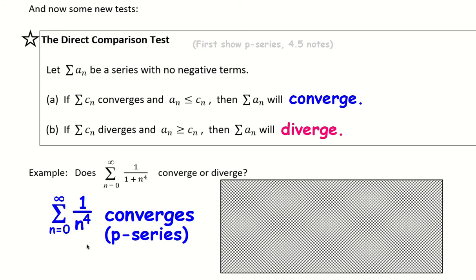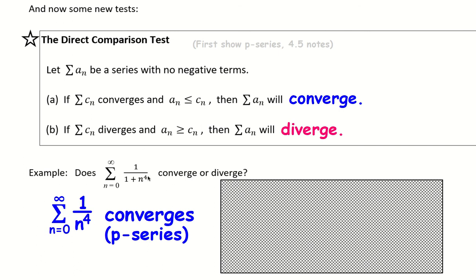So what do we have to do now? We have to show that this is term by term smaller than that. Think about it. The only difference between this and this is that there's an extra +1 in this denominator, which makes this denominator bigger than that denominator.